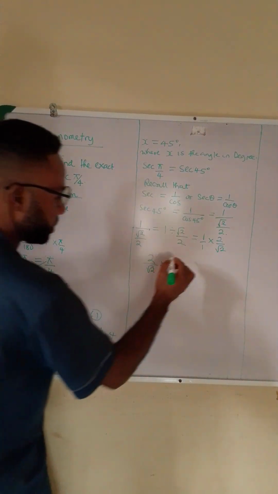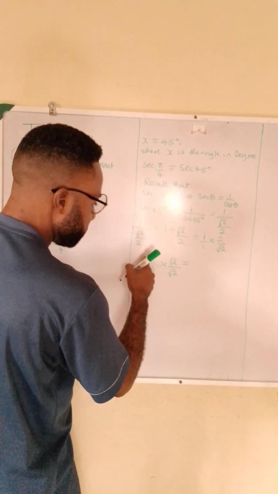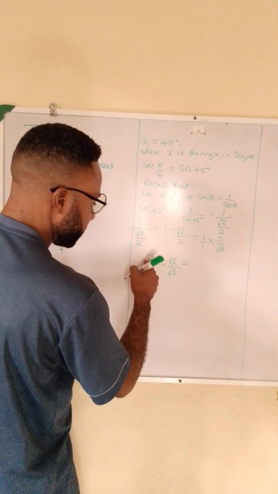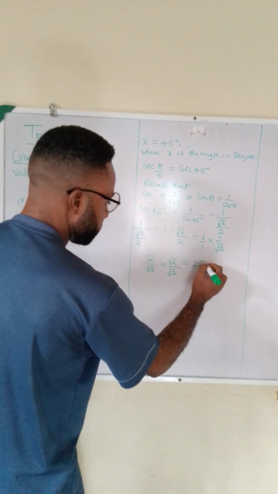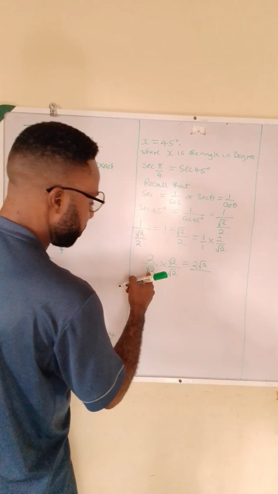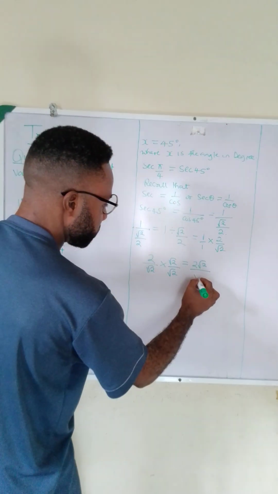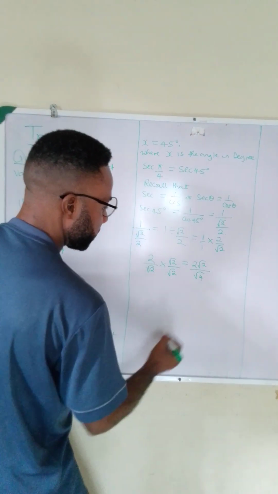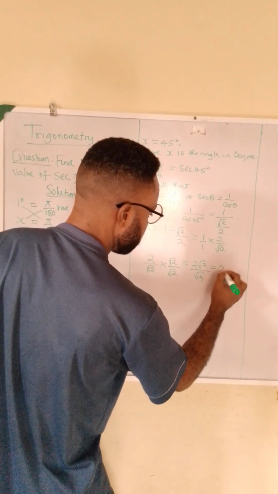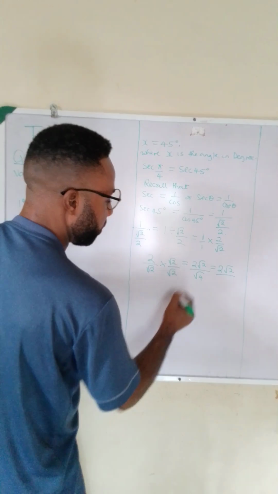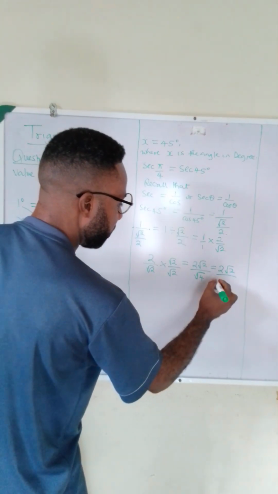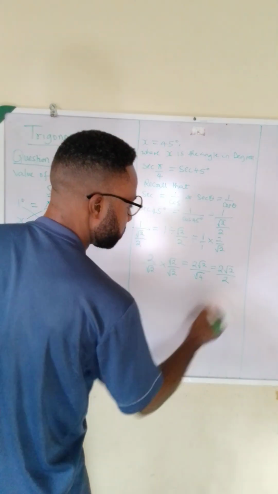When we do that, we are going to have 2 times root 2 will give us 2 root 2 all over root 2 times root 2 will give us root 4. So this is equal to 2 root 2 divided by root 4, the square root of 4, which is equal to 2.